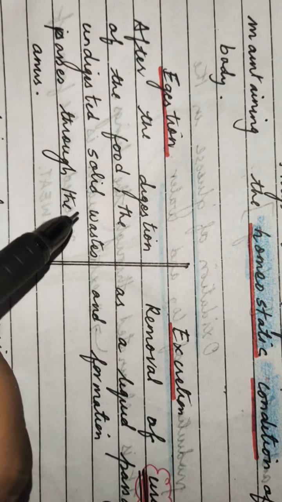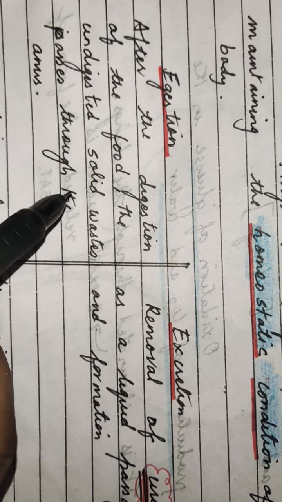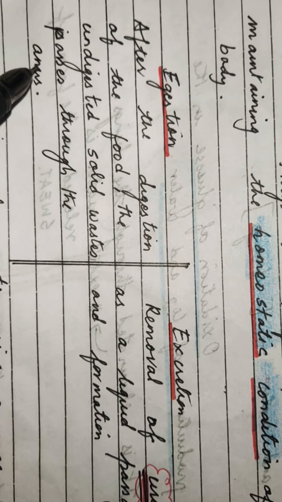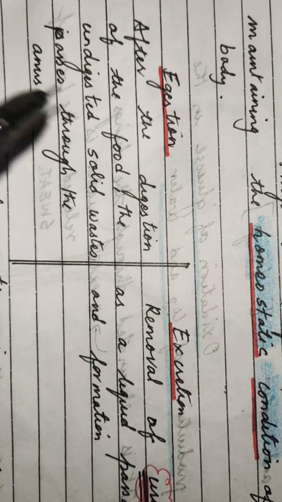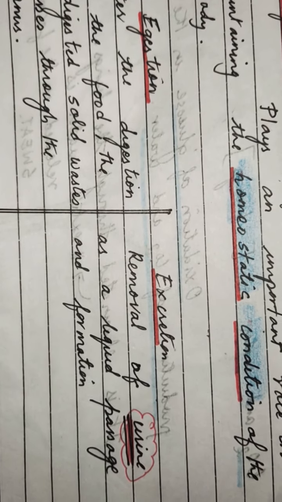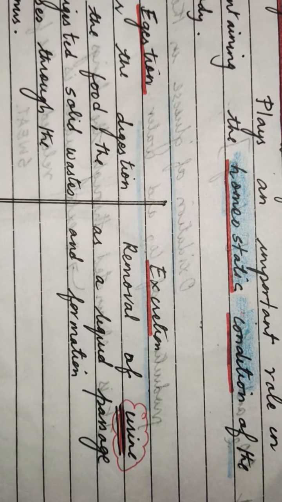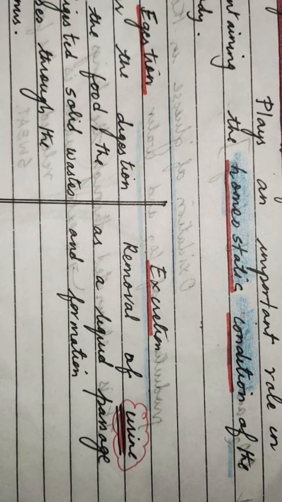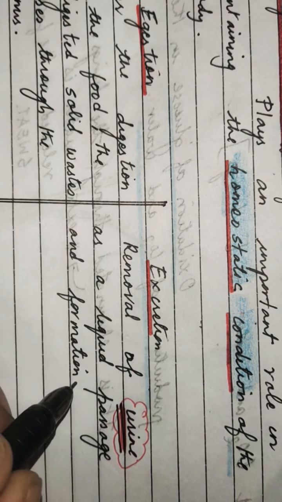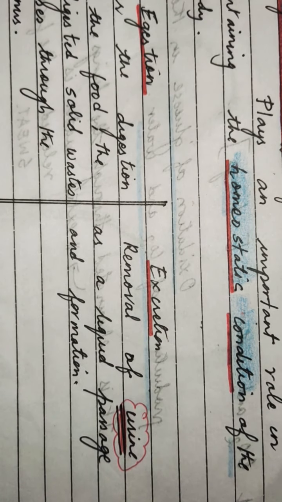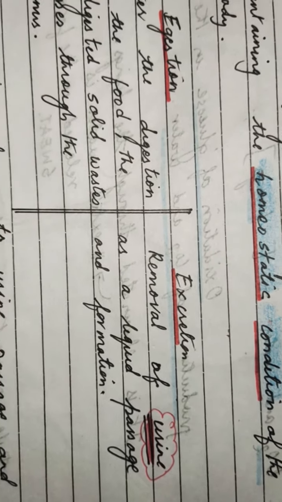Egestion means that after the digestion of food, the undigested solid waste passes through the anus.